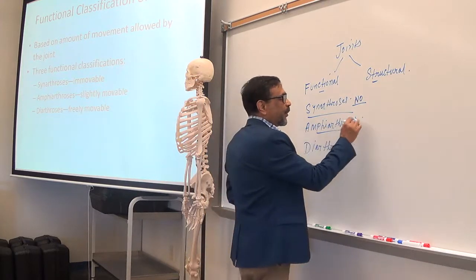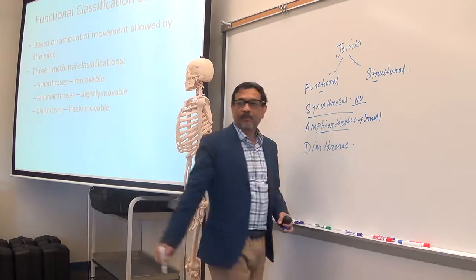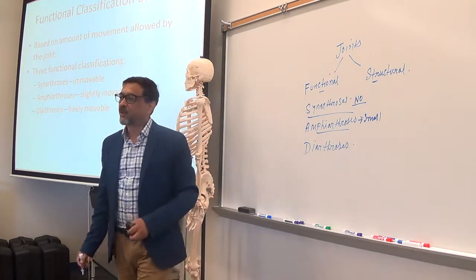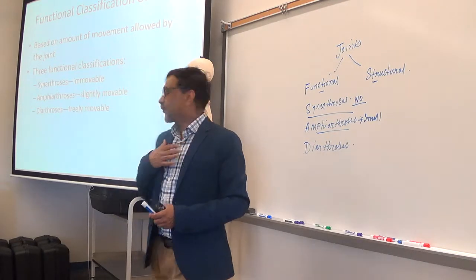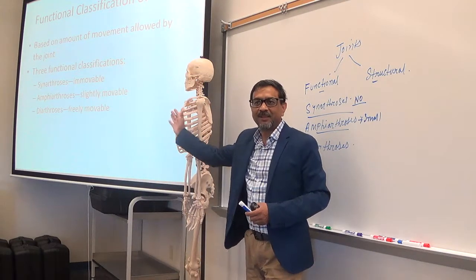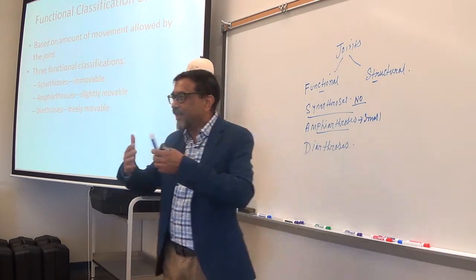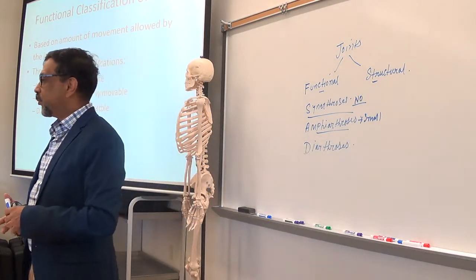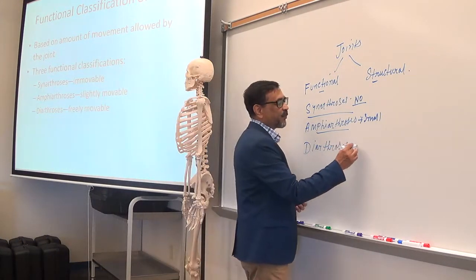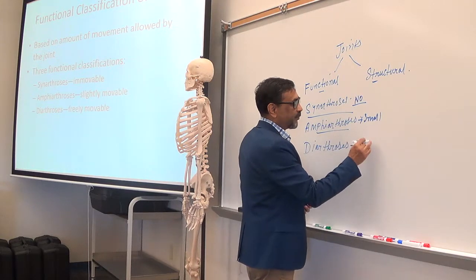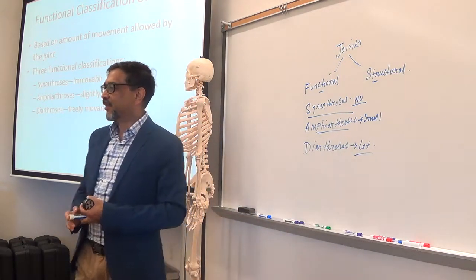Small amount of movement in amphiarthrosis. Good example, when you breathe, your ribs move, right? But not too much, a little bit of movement. So, slight movement. And diarthrosis, plenty of movement. A lot of movement is possible in diarthrosis.